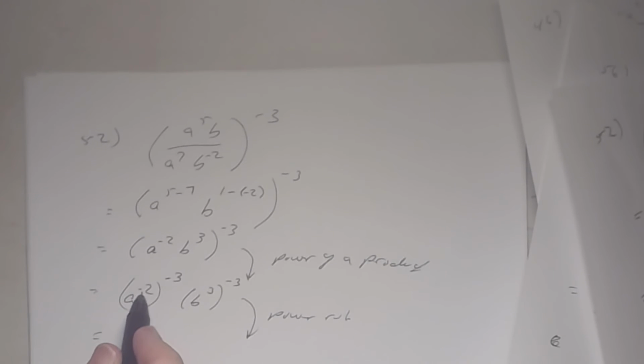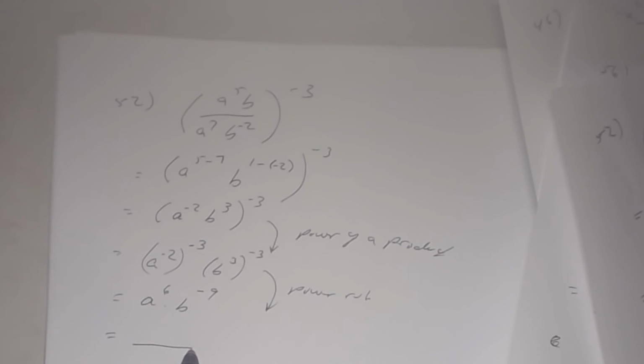What's a to the negative second raised to negative third? A to the sixth. What's b to the third raised to the negative third? Negative 9. And so therefore, the answer is going to be what in the numerator? B to the 9. And that's the same thing we had here.